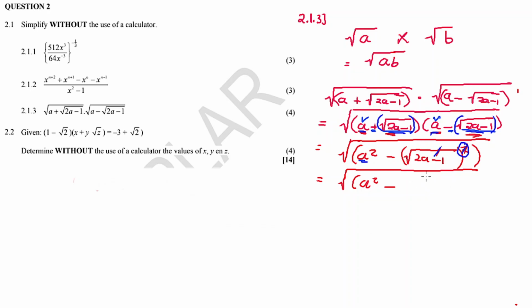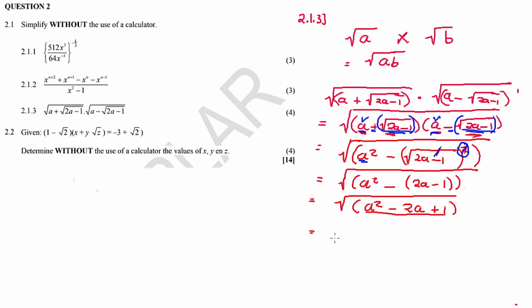I'm now left with, putting it in brackets again, 2a minus 1, 2a minus 1. Close the bracket. Hey, this is a challenge, man. This was a big challenge, this question paper. Then we have a squared minus 2a plus 1. Guys, right? Then we now have a trinomial.